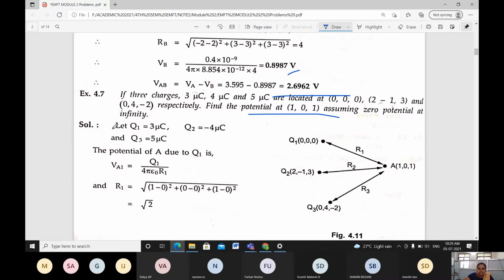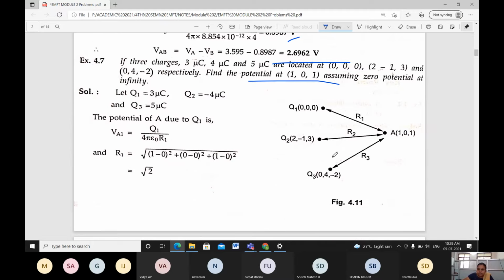This is Q1 charge, here it's taken as 3, Q2 as minus 4, then Q3 as 5 microcoulombs. Observe here, the point A is at 1, 0, 1, then Q1 is at location 0, 0, 0, then Q2 is at 2, minus 1, 3, then Q3 is at 0, 4 and minus 2.